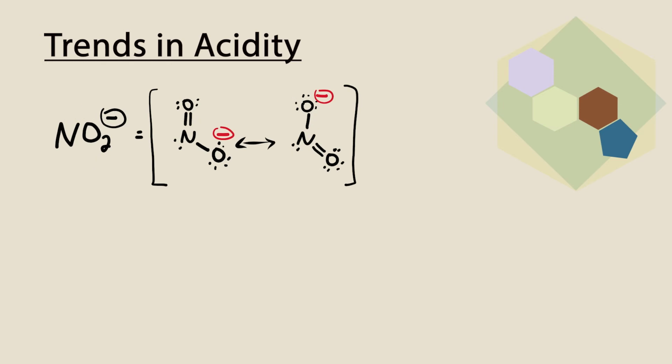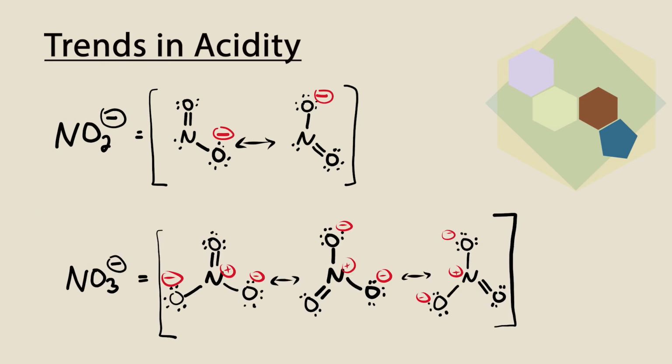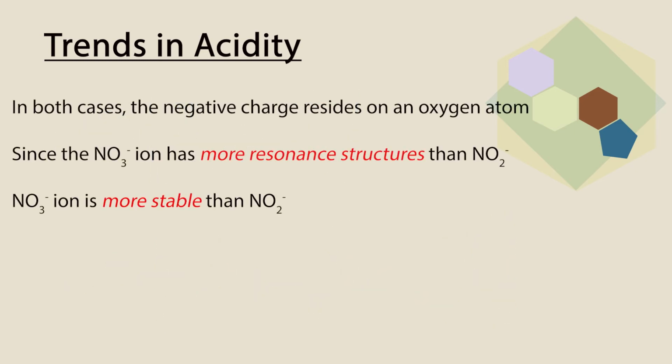Shown here are the resonance structures for the conjugate bases of both acids. In both cases, the negative charge resides on an oxygen atom. Since the NO3- ion has more resonance structures than the NO2- ion, NO3- ion is more stable than the NO2- ion.